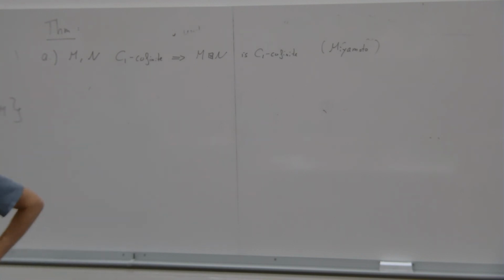I didn't understand before. Is there a statement that tensor product always exists? There's a statement that for C1 cofinite modules, no, there is no such statement in general, but for C1 cofinite ones there is.